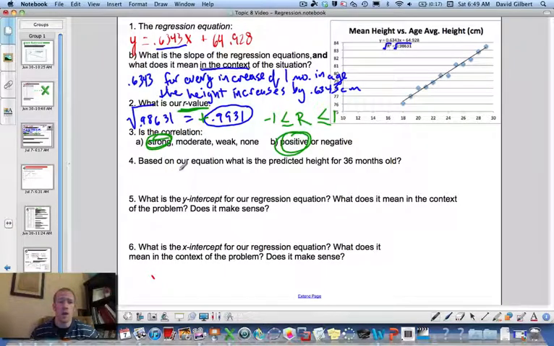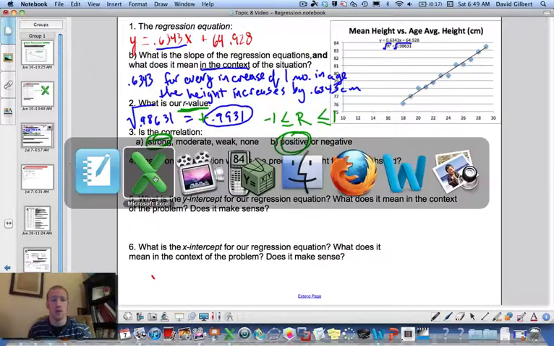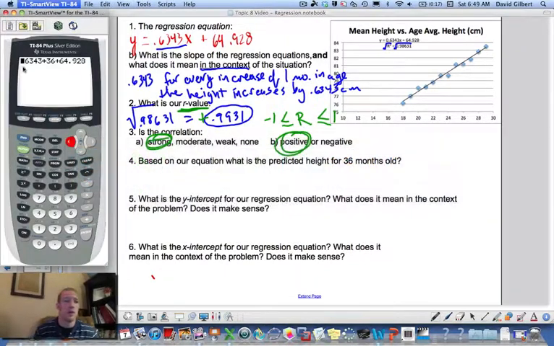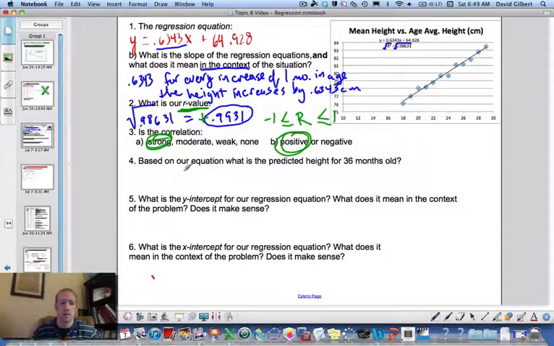Okay. So based on the equation, what is the predicted height for a 36-month-old? Well, just go to your calculator and plug that in. 0.6434 times 36 plus the rest gives us 87.76. Does that make sense?